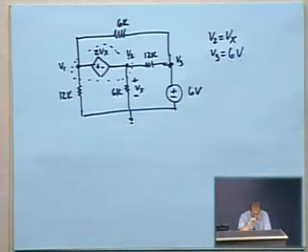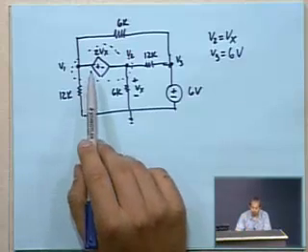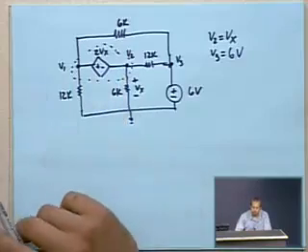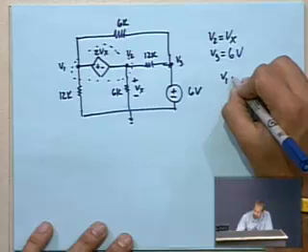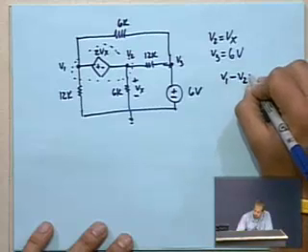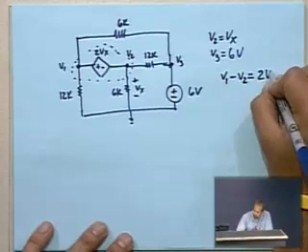One of the first things you can do is write the equation that talks about the difference between the two nodes here. V1 has a higher potential than V2 by a value of 2Vx.